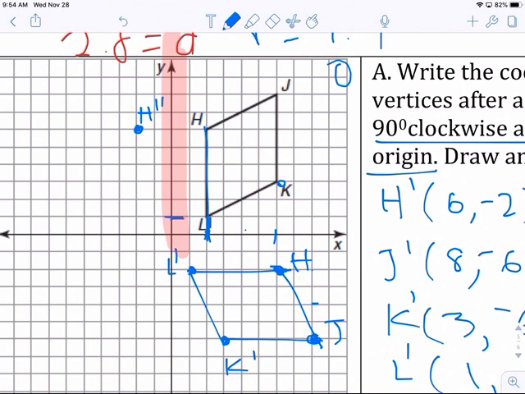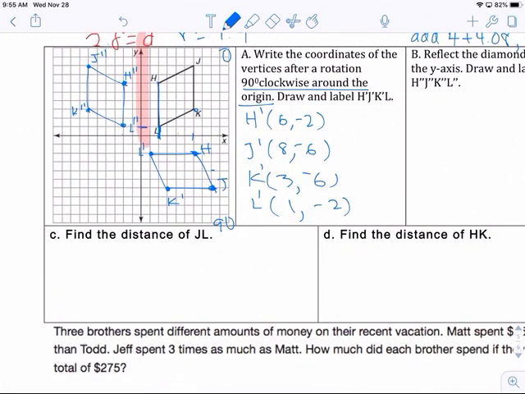Right over here is J, and then 2 over, L double prime. You guys know how to do this. Reflection is easy, right?